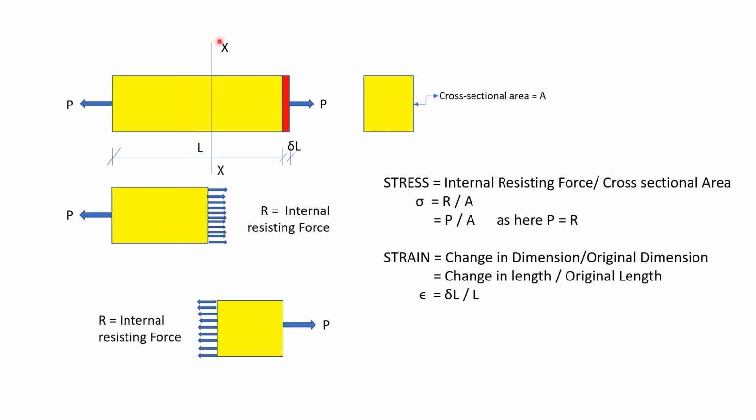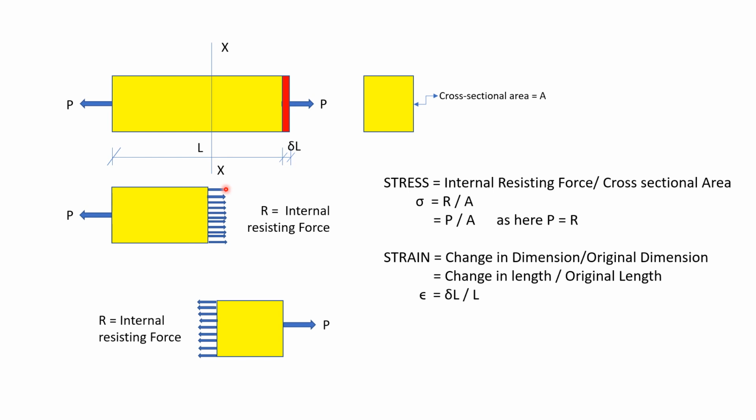Now if I take a section anywhere here, like this section XX, cut a section, and consider the left hand side of the section, then this is the force P here, and at this section the internal resisting force is developed throughout the section.